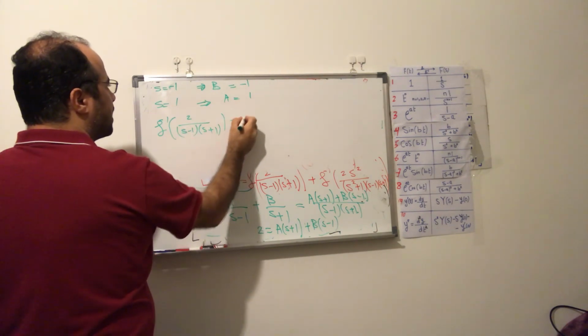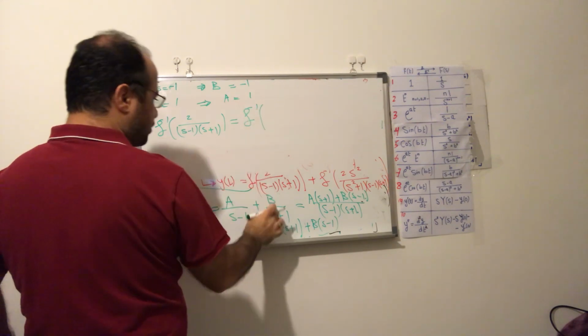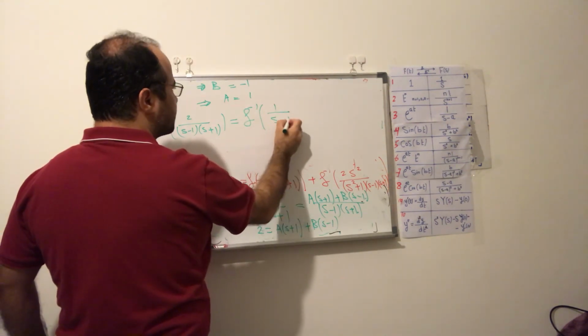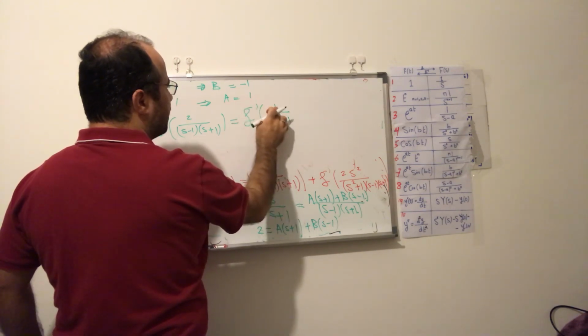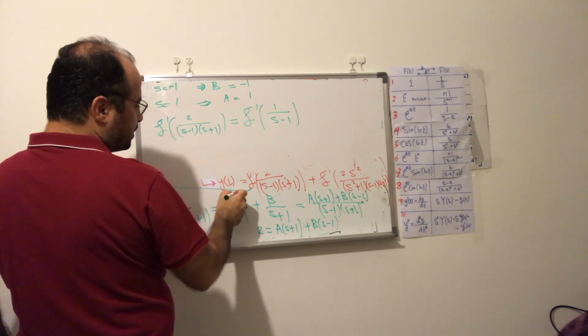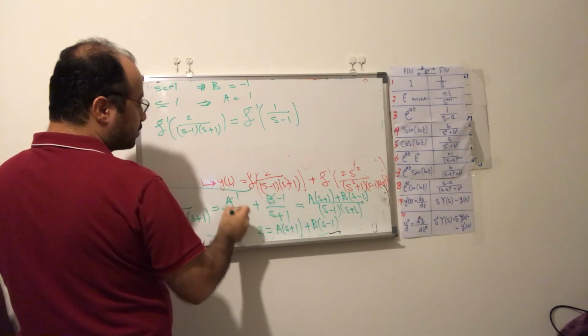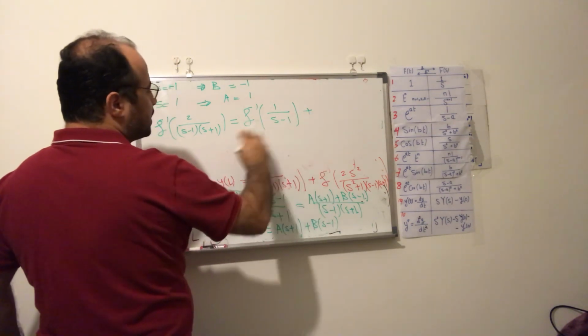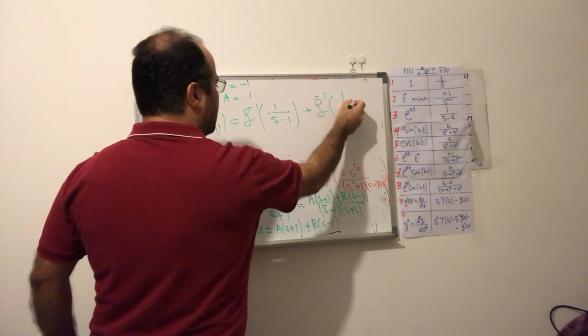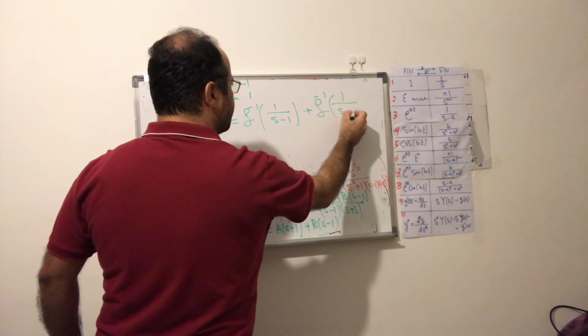It is the Laplace inverse of what? A over s minus 1, so you get 1 over s minus 1. This is the A. We know this is 1, and we know this is minus 1. Then I'm using the linearity for the Laplace inverse of 1 over s plus 1.